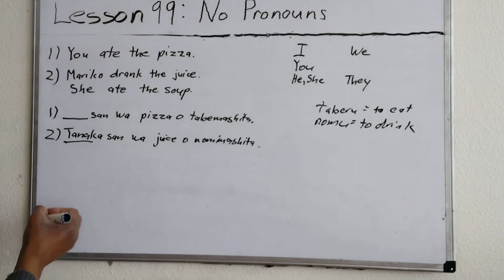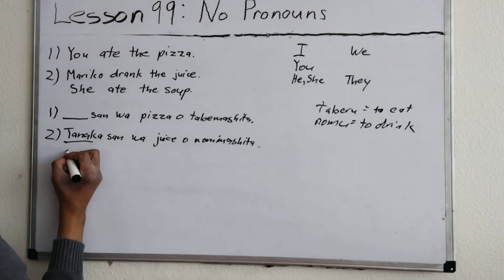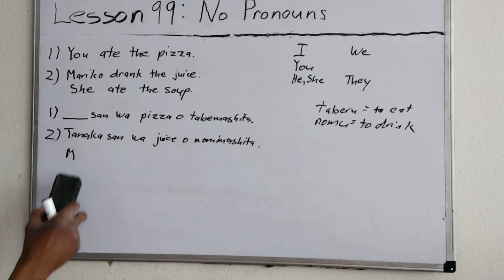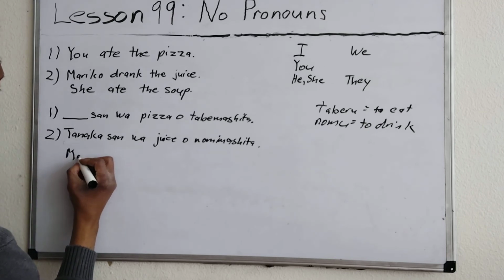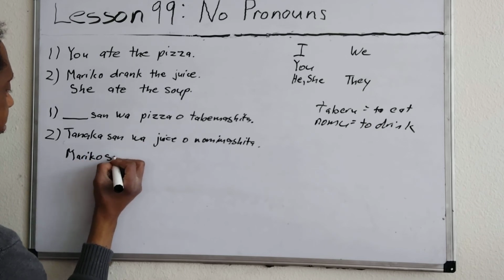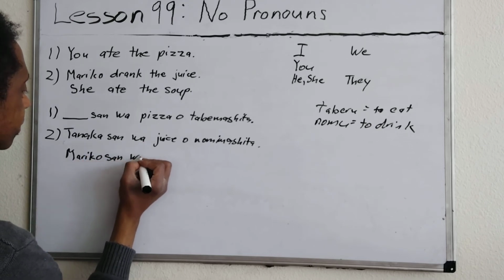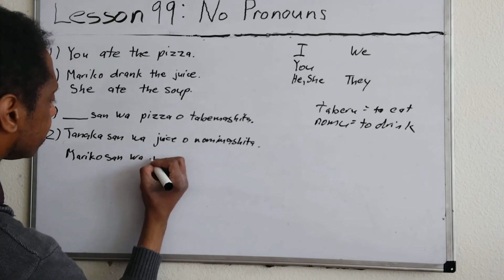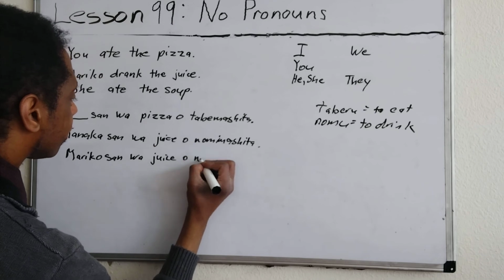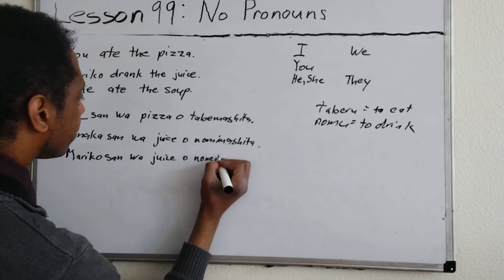Or you could use her first name, if you're really good friends. Mariko-san wa juice o nomimashita.